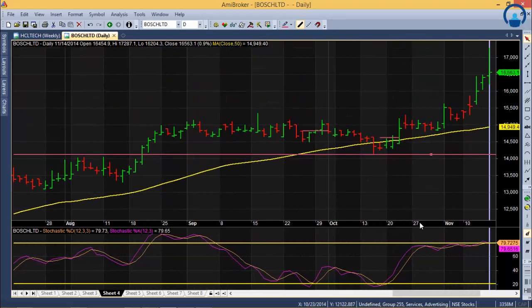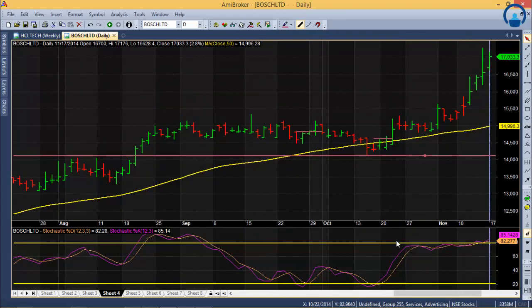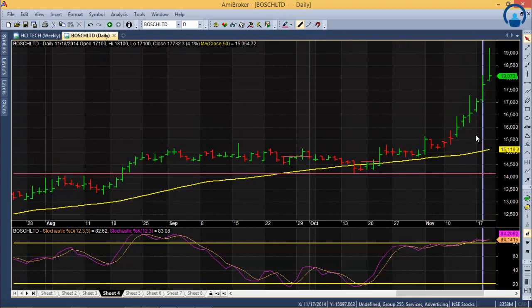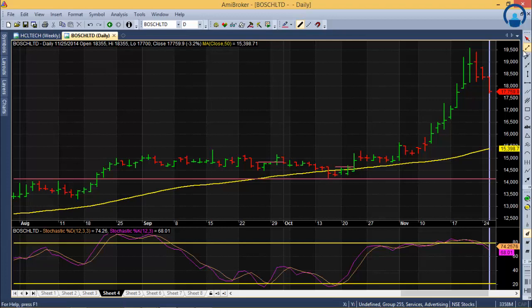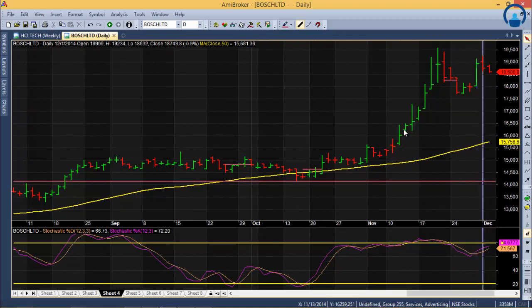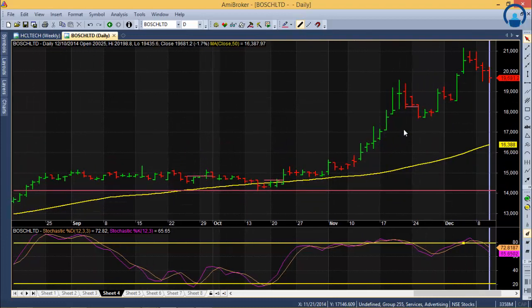Overbought is not reached here. Overbought region is reached. We trail our stop strictly below one bar low, and finally we are stopped out at this price. Going ahead, let's see if there are any other trades. No, the data ends.